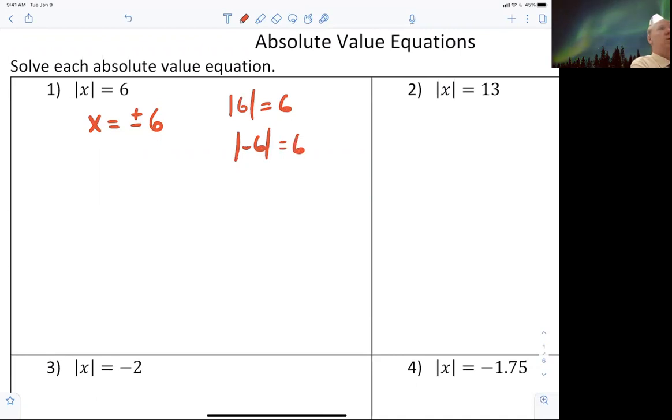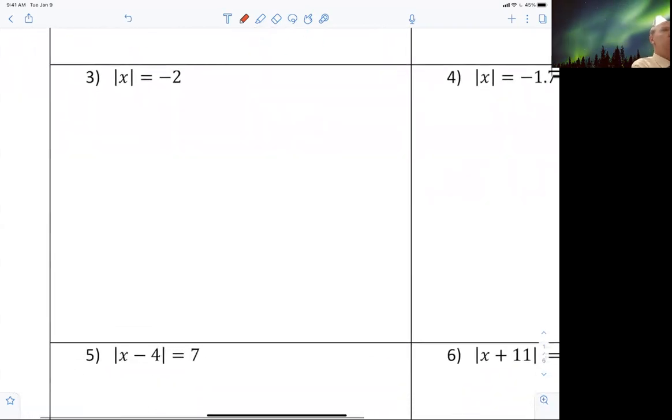All right, Josh, you with me? All right, what about number 3, Josh? So the absolute value of negative 2 is negative 2. Is that what you're saying? Right, so what's the answer to this one?